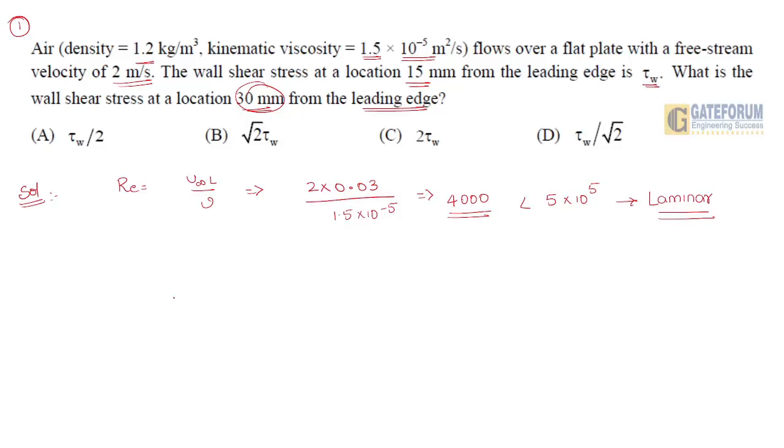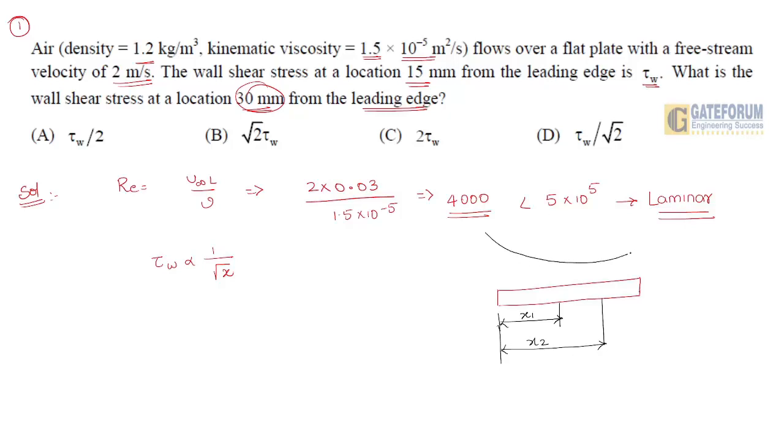So the wall shear stress in case of laminar flow, if you remember, is inversely proportional to the root of the distance. If you take a plate at a distance of 15 mm and you are asked to find it at a distance of 30 mm, this is how the profile looks.